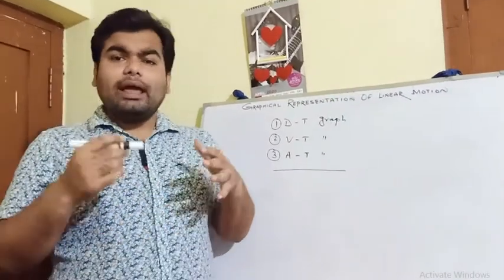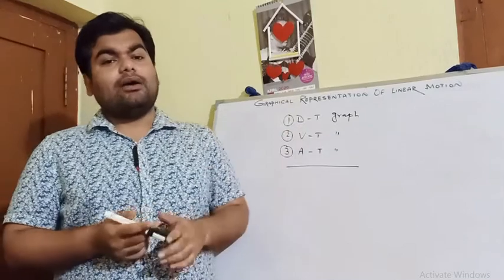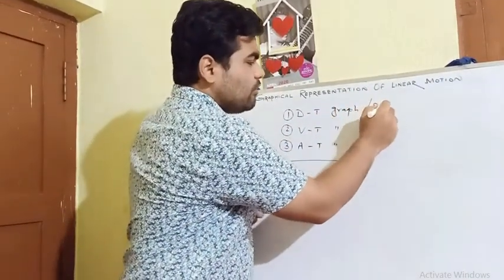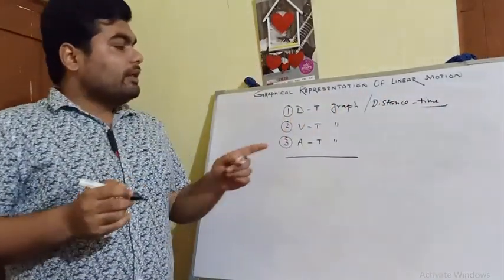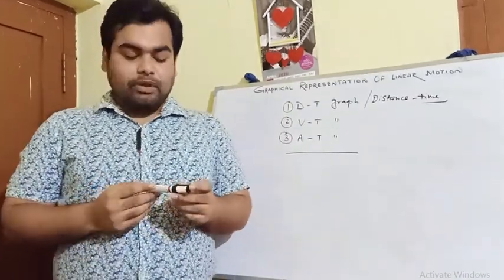In one-dimensional motion, the displacement time graph and distance time graph are the same. Why?